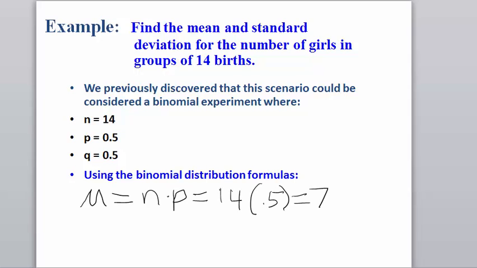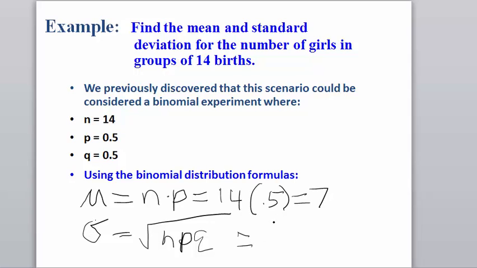So you'll see for the mean, mu, I take n times p, and I have 14 times 0.5, which is 7. Now for the standard deviation, sigma, I'm going to take the square root of n times p times q.